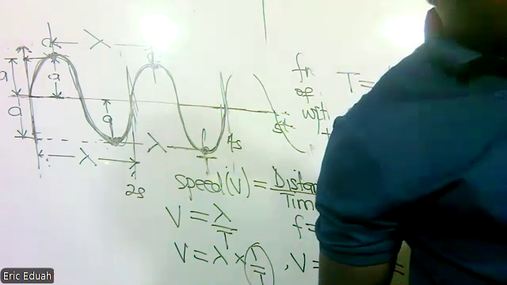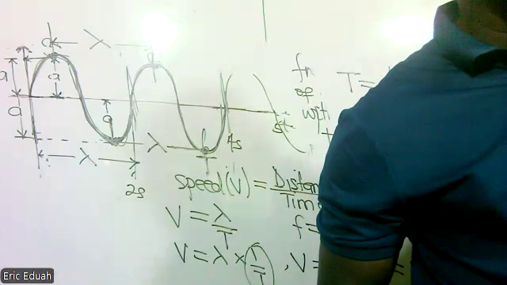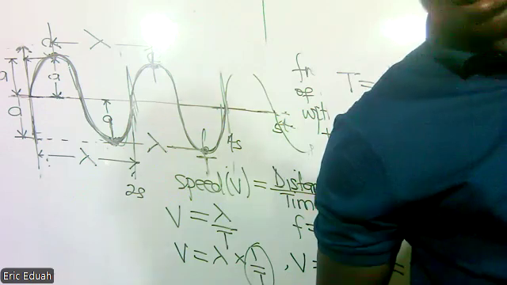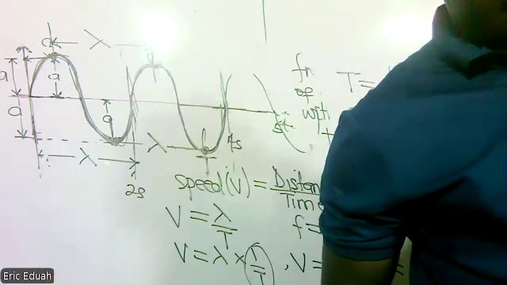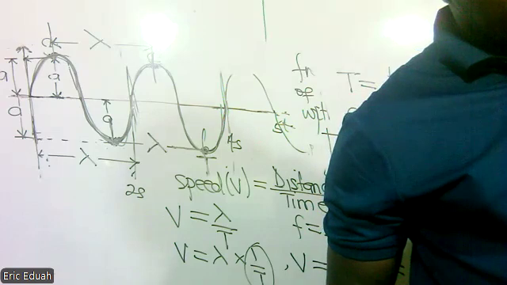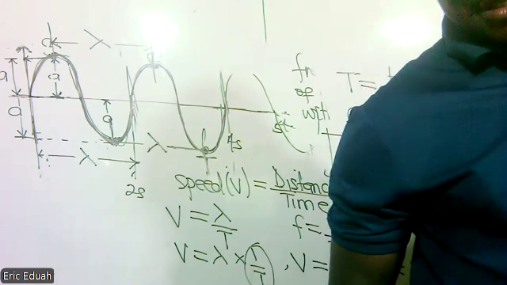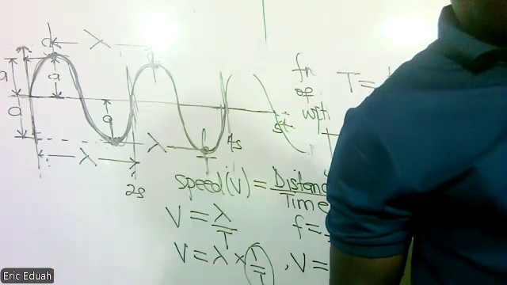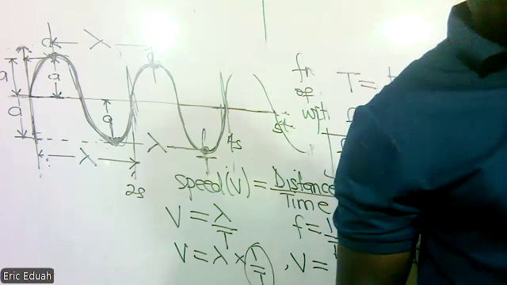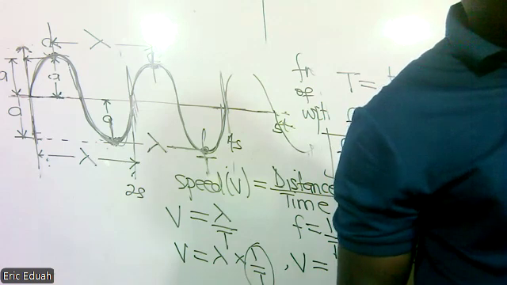If the distance between any 2 successive crests is 20 centimeter, calculate (i) the frequency, (ii) the period, (iii) the wavelength, and (iv) the velocity of the wave. It takes 4 crests of waves to cross a given point in 1 second.